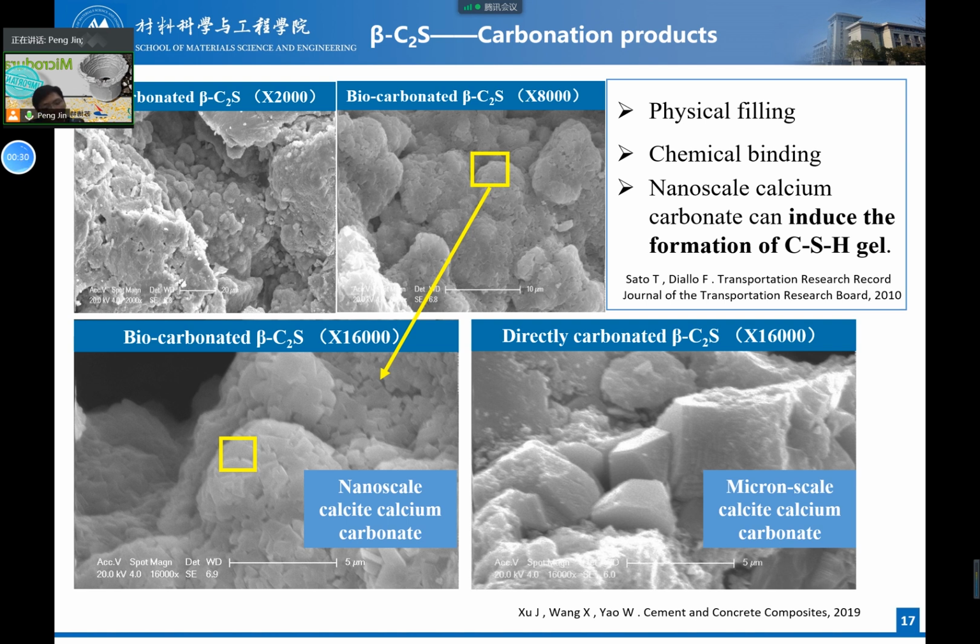Apart from physical filling effect and chemical binding effect, nanoscale calcium carbonate can also act as nucleation sites, promoting the formation of CSH gel, that is, promoting the hydration of beta-C2S, thereby promoting the carbonation process.